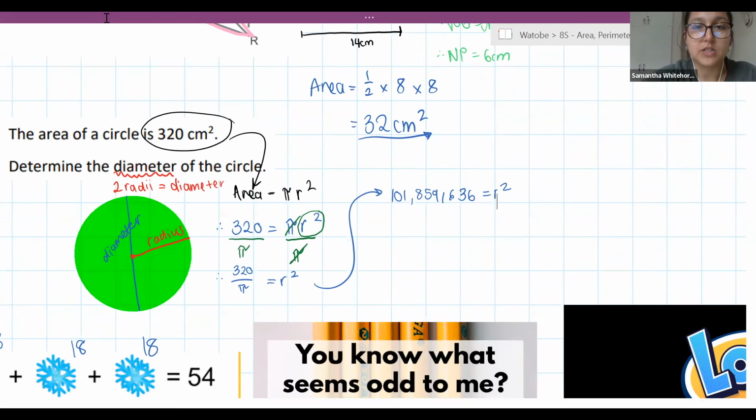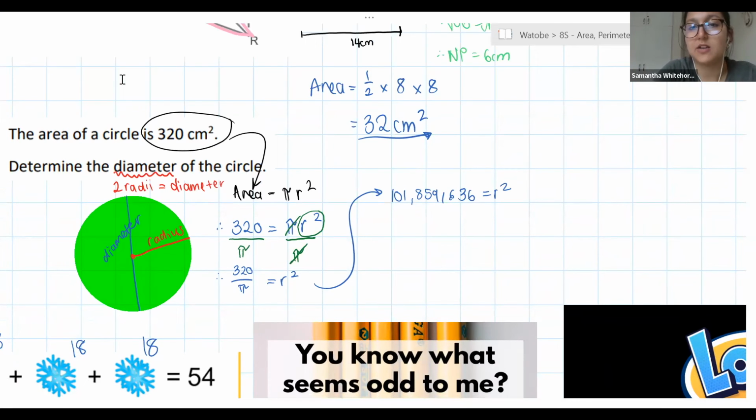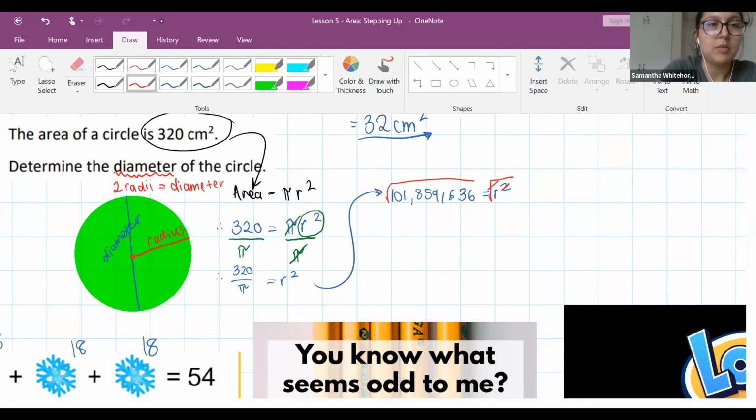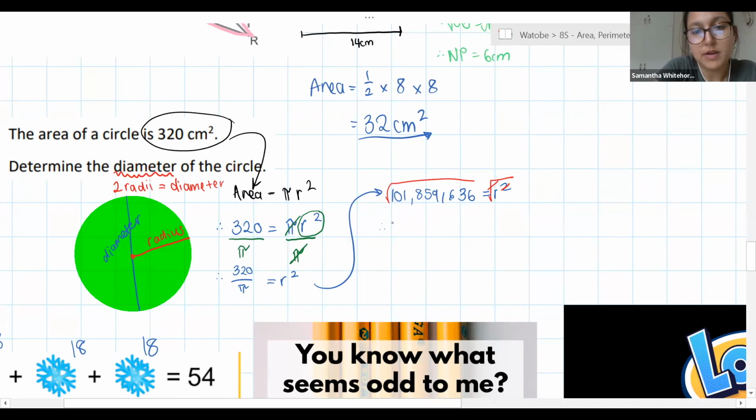Now I don't want radius squared, I just want the radius so that I can eventually times this by 2. So I'm going to square root both sides to give me just the radius. When I square root that whole 101 blah blah blah, I get that my radius is equal to 10,09, and there's a whole long decimal. Now remember, I want the diameter, so I need to take this amount and times it by 2, because 2 radii make up a diameter.